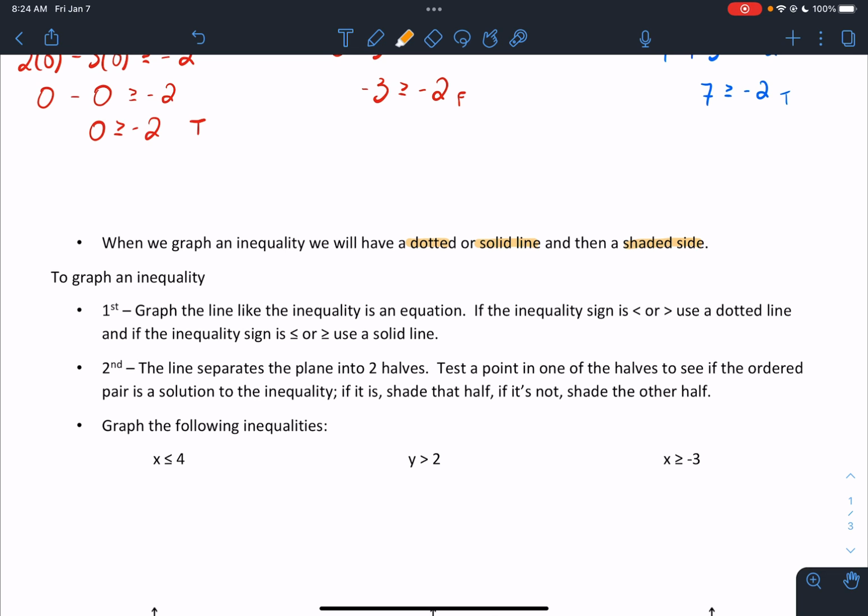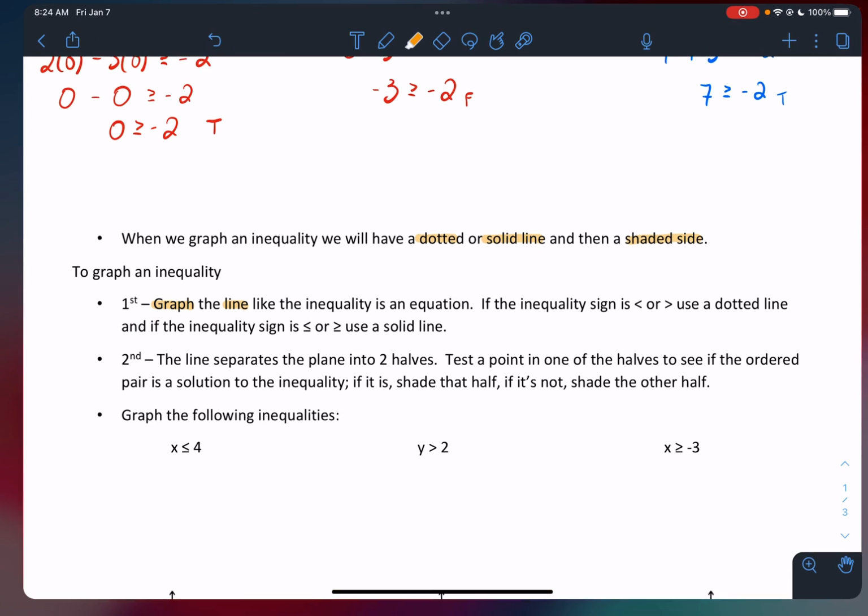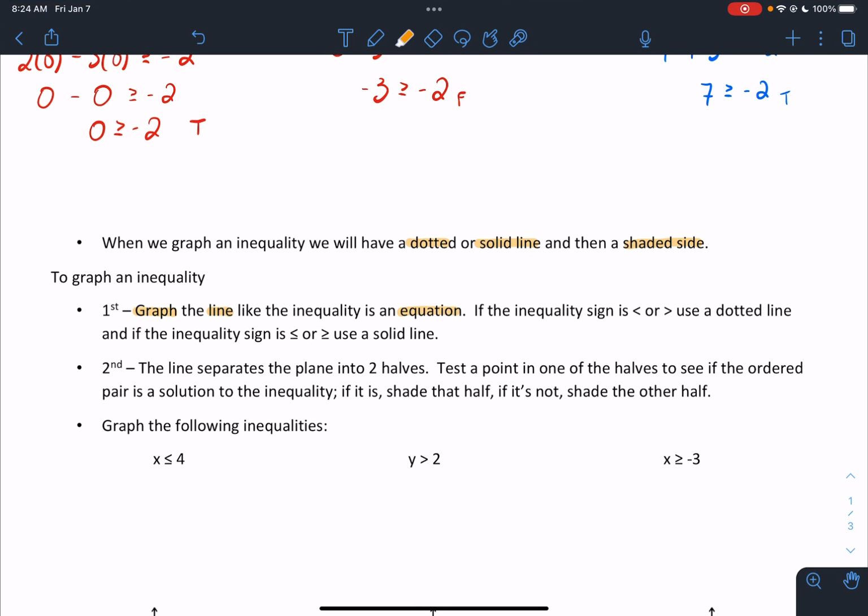And so the way that this works is we will use Desmos for this, but just as a way of knowing this, we're going to graph the line like it's an equation. So I'm going to get y by itself. I'm going to use a table, or I'm going to use my slope and y-intercept.